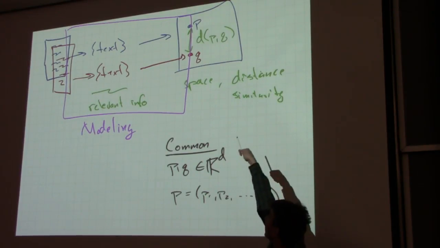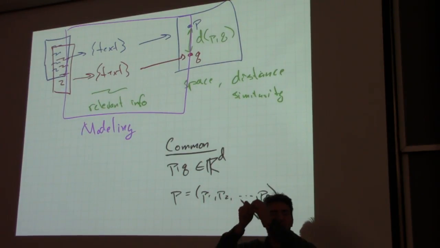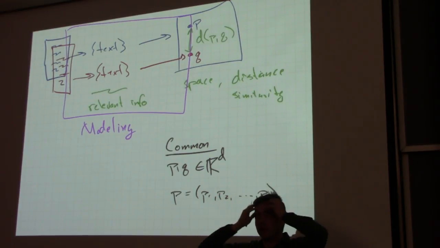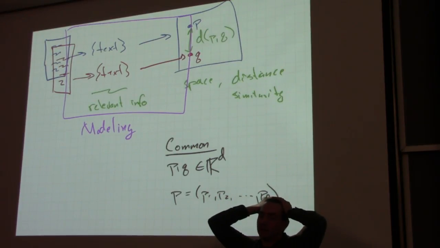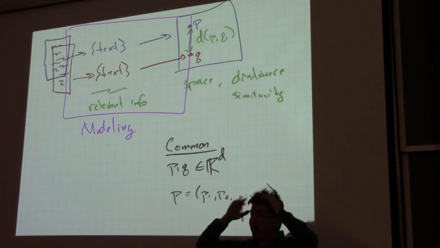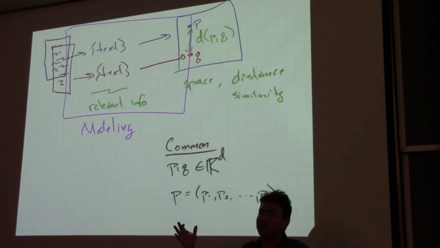I can think of them as vectors in a high-dimensional space, and I take the straight line distance between them. Okay, and we'll talk more about these sorts of distances a little bit later in a couple weeks in the semester. And variants on, do I want to take the straight line distance or something else? There's lots of choices here.